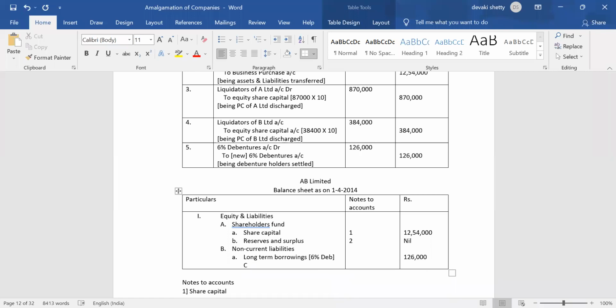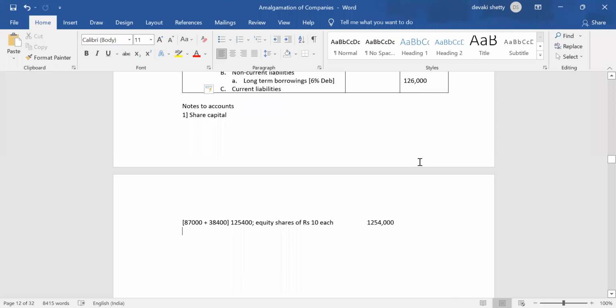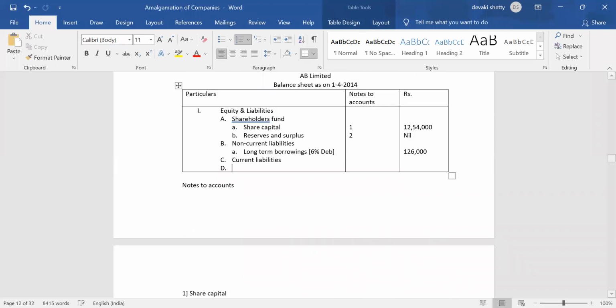Now here current liabilities. चेक क्या करंट लाइबिलिटी है. असेट्स एंड लाइबिलिटी ट्रांसफर में एक ही करंट लाइबिलिटी है, दैट इज ट्रेड पेबल 3,40,000. सो विल राइट हियर trade payables 3,40,000.